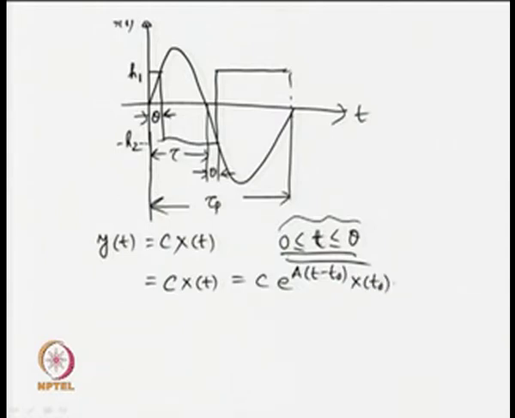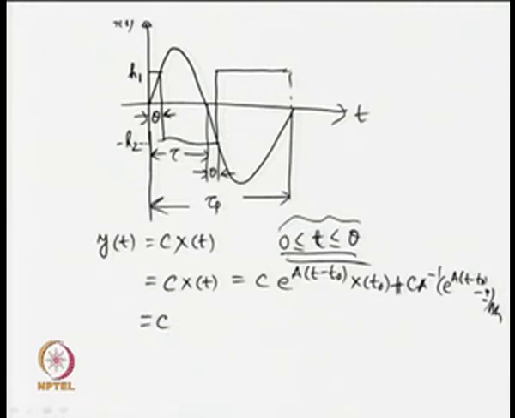Then I have the integral for the second part, which is obtained in the form of A inverse. So, I will have C again, C plus C A^{-1} (e^{A(t - t0)} - I) times B h1. So, let me write once more.